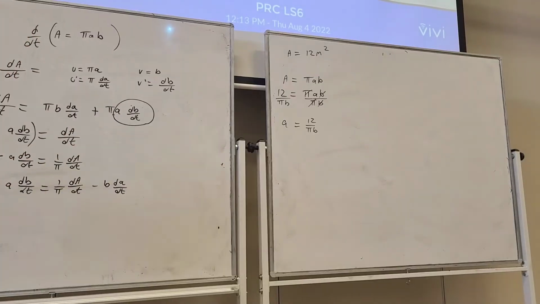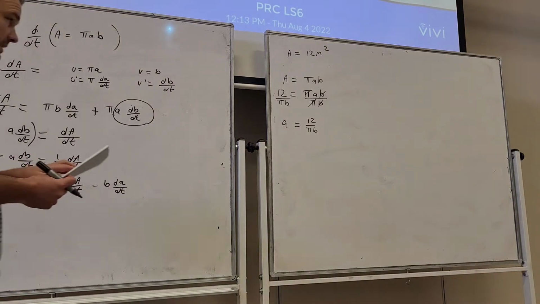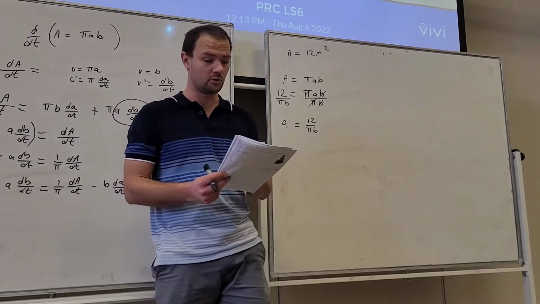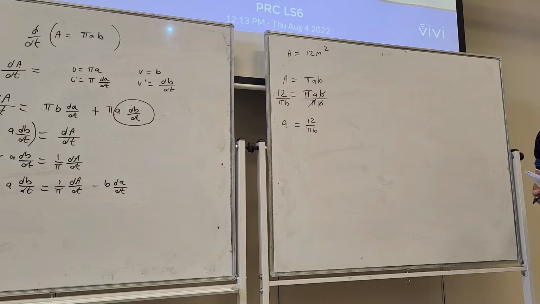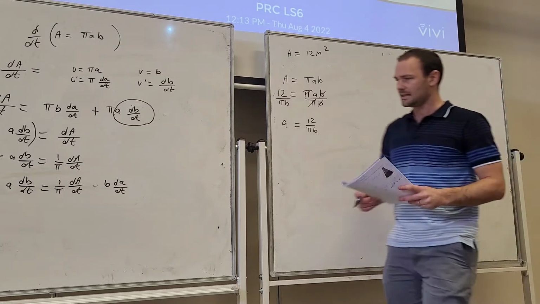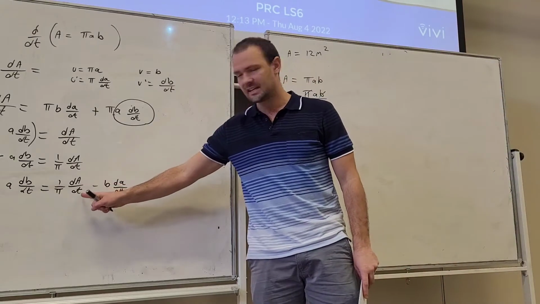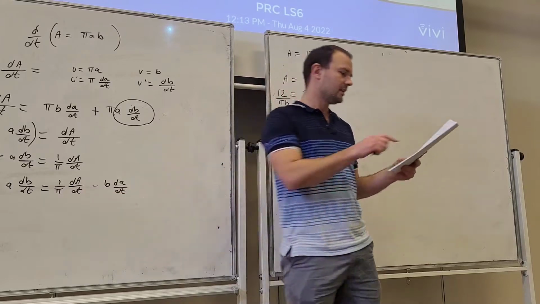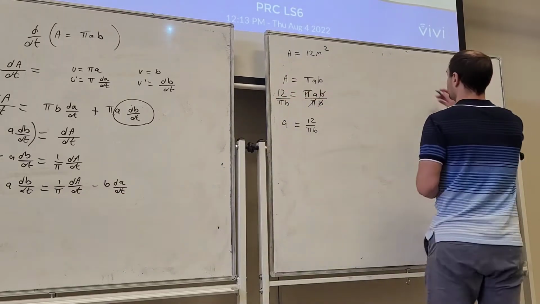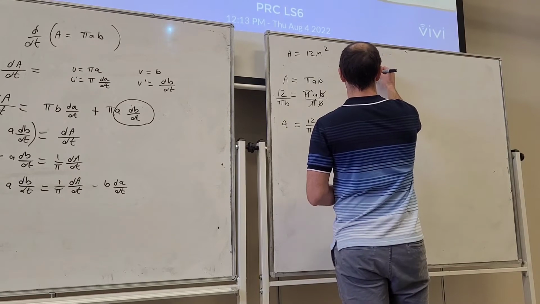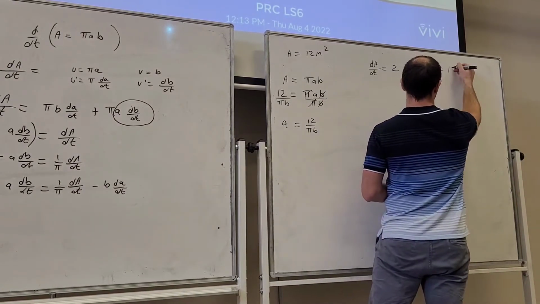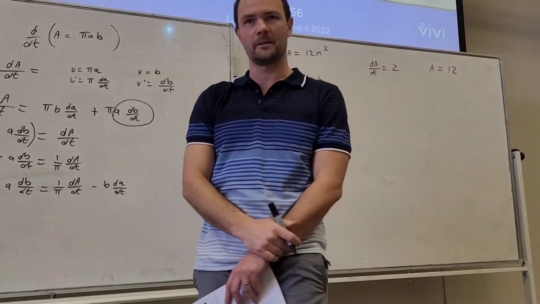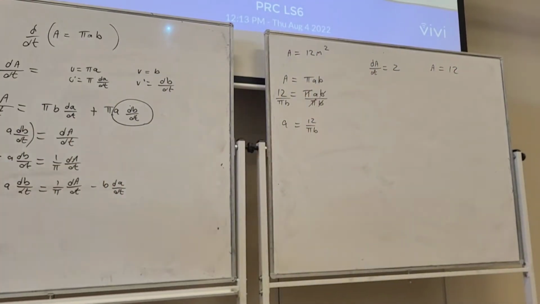All right, the area of the oil spill is expanding at 2 meters squared per second. Okay, so let's start listing some units up here. The area of the oil spill is expanding at 2 meters squared per second. So that means dA on dt is equal to 2 when the area is 12.